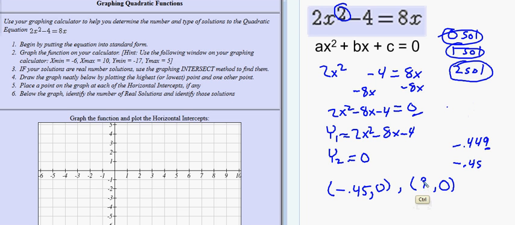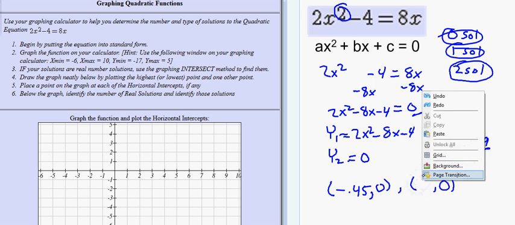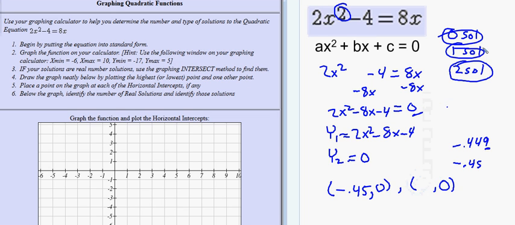So 4.45 is the x value of the other horizontal intercept. So we got our 2 horizontal intercepts, and now we'll be able to move on in the directions. We've done 3. Step 4 is to draw the graph neatly below by plotting the highest or lowest point and one other point.